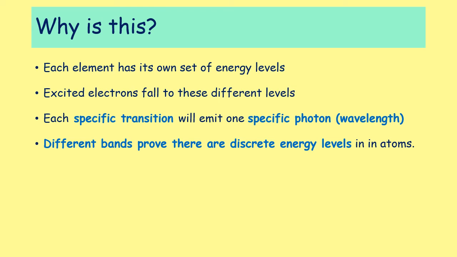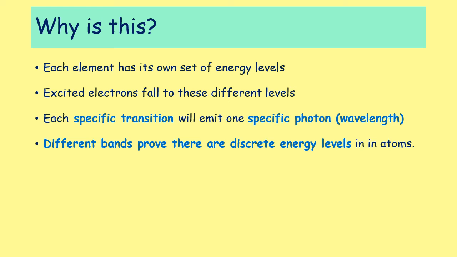Because if they didn't have exact values, you wouldn't just get one line for that transition. You would basically get the entire spectrum. If every possible value of energy could exist for the different energy levels, you would get a photon at every wavelength possible. But we don't see that.